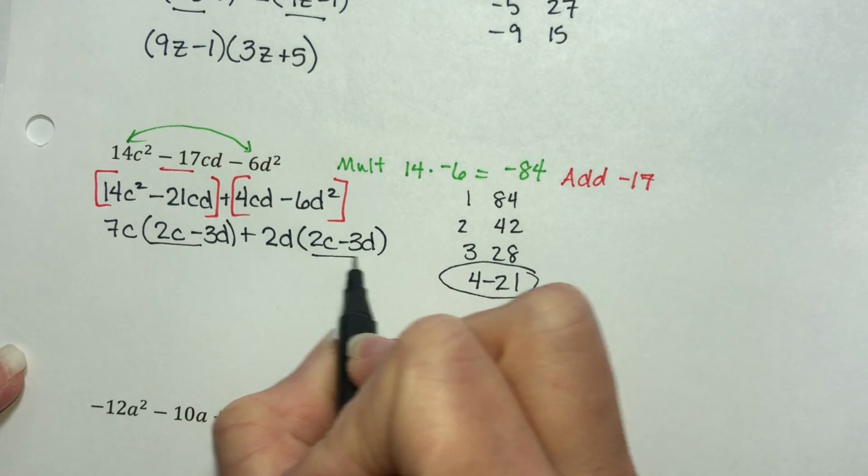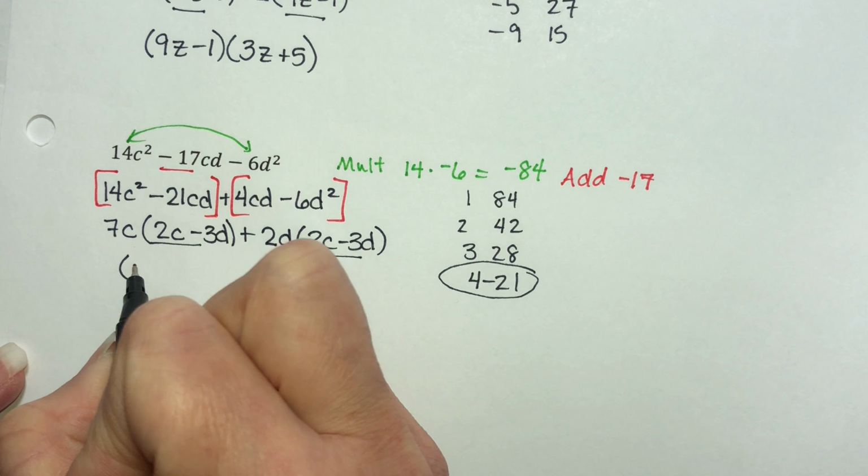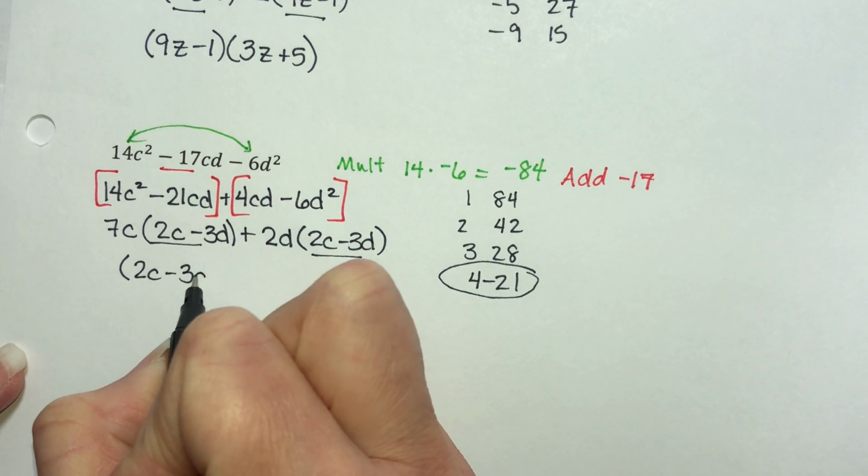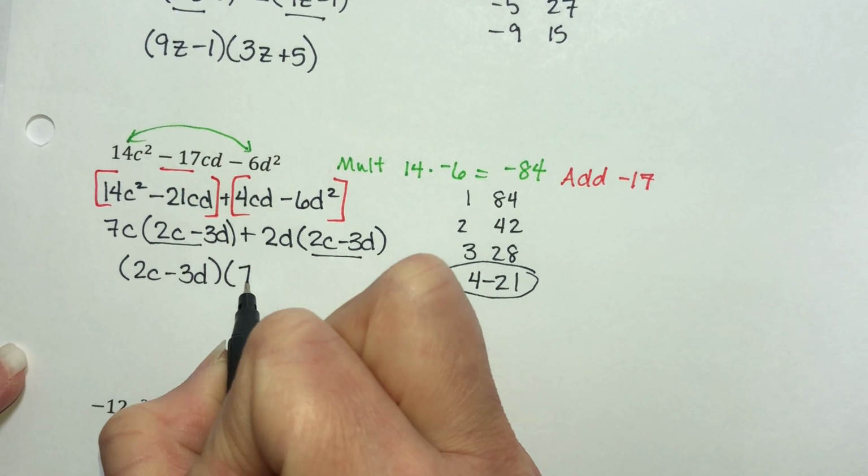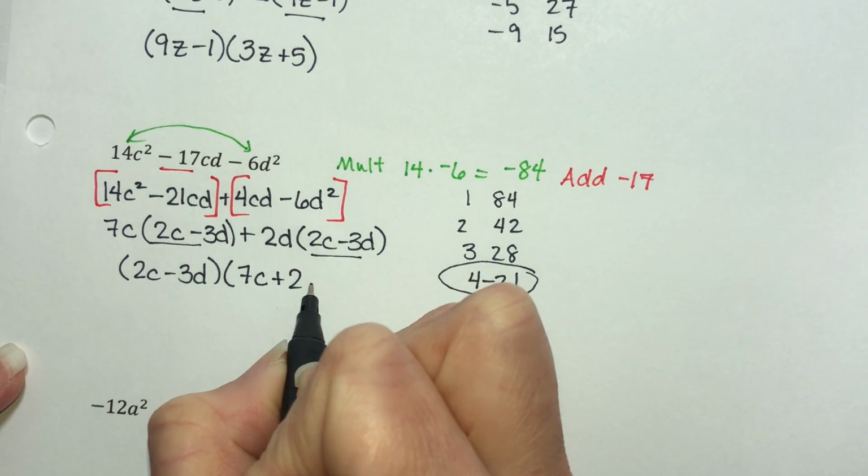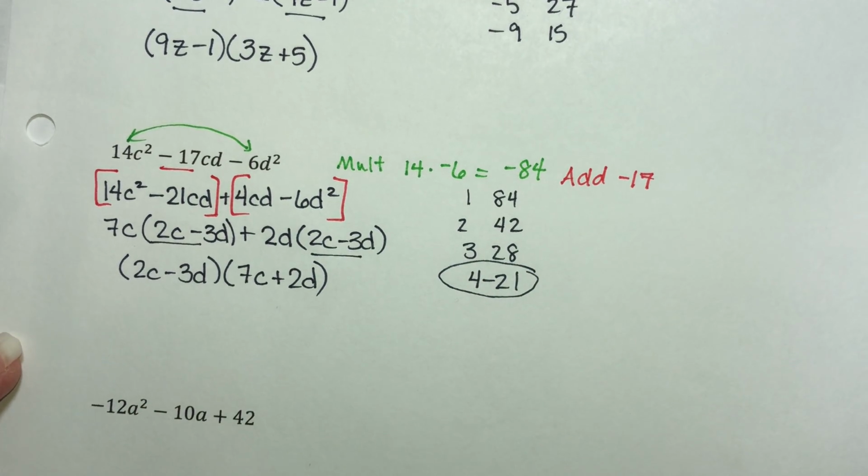These two are the same, which is good, so we write that down once: 2c minus 3d times 7c plus 2d. And that would be your answer.